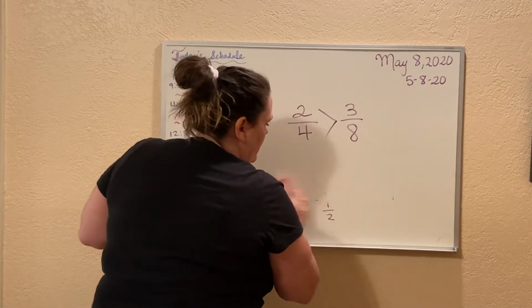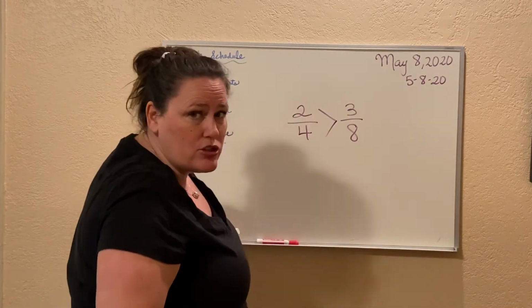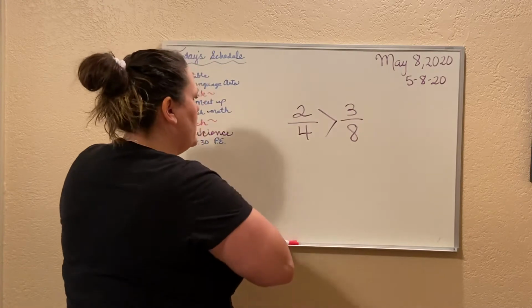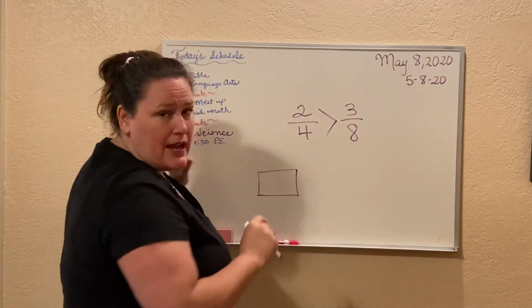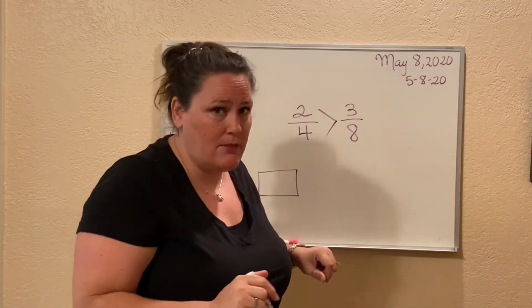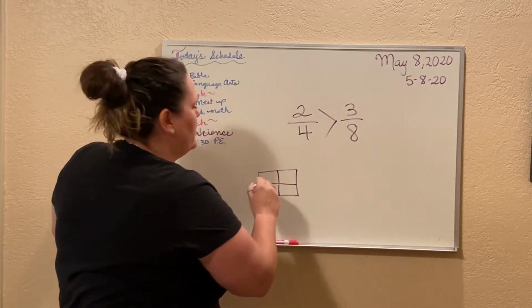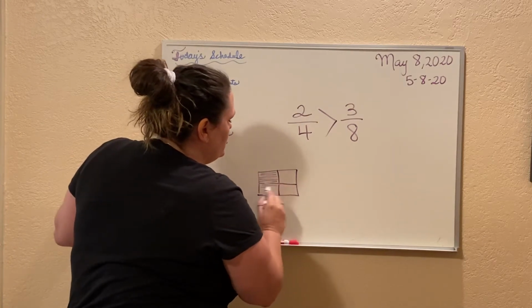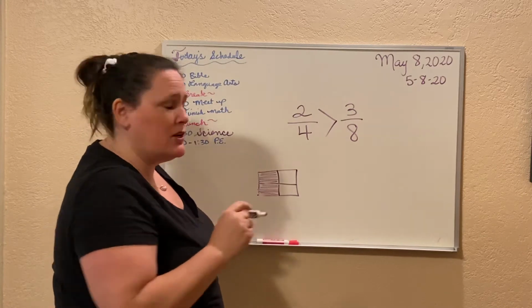One other way, the way that we did in the beginning, was drawing a picture of the two fractions. If I take a rectangle and divide it into how many parts there are in the denominator, so I go like that to have 4 parts, and I color 2 of them, 2 of the 4, here's my picture.